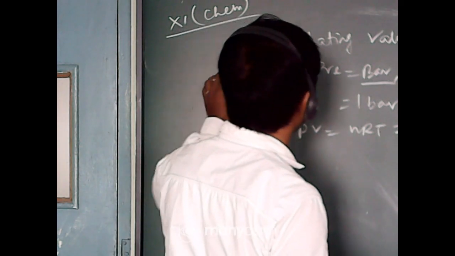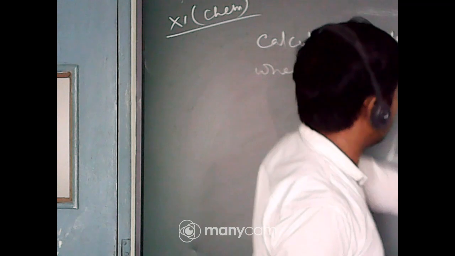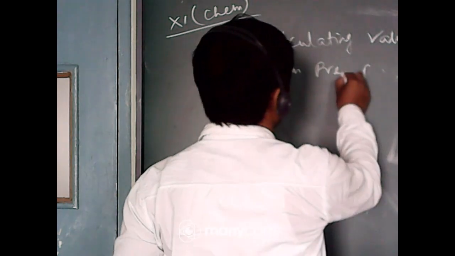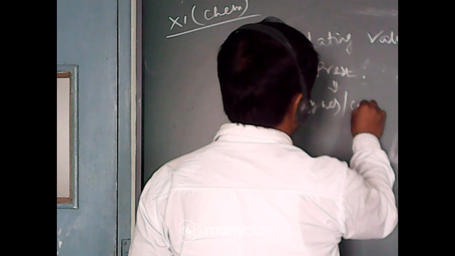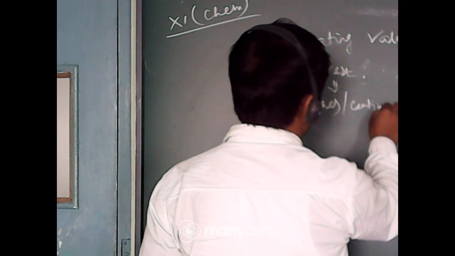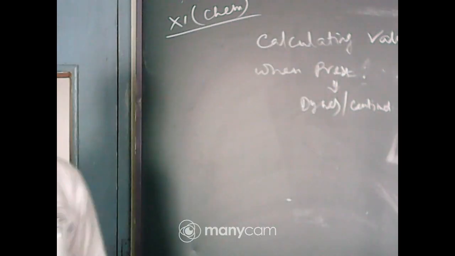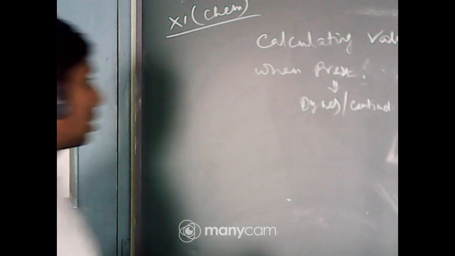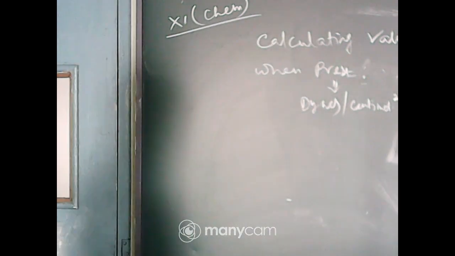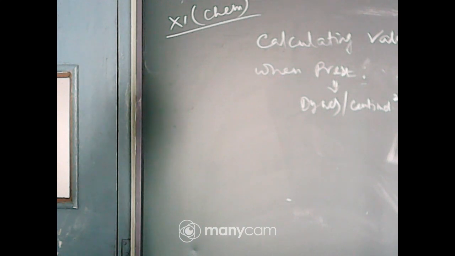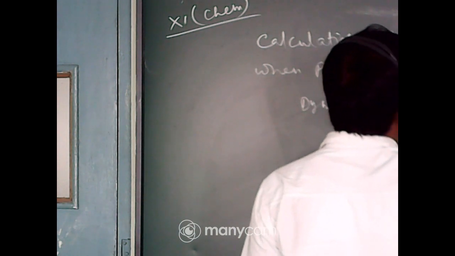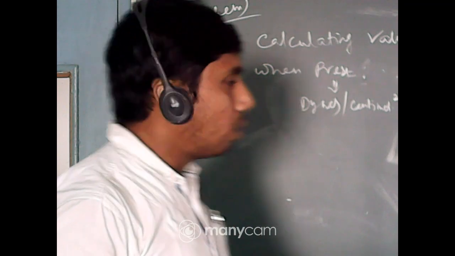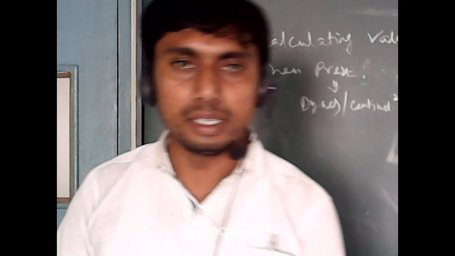So, this is the 1 unit. Next, pressure in dynes per square centimeter, and the volume is in cubic centimeter, volume in centimeter cube, because in this unit the value of R will come in the form of erg, that is a unit of work.